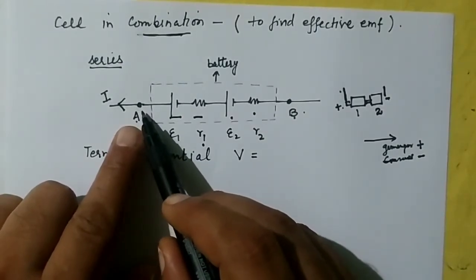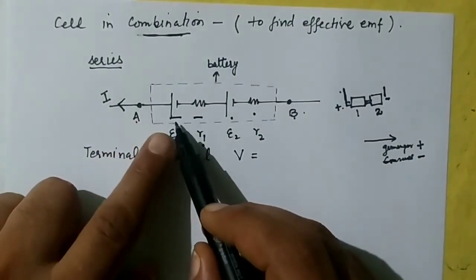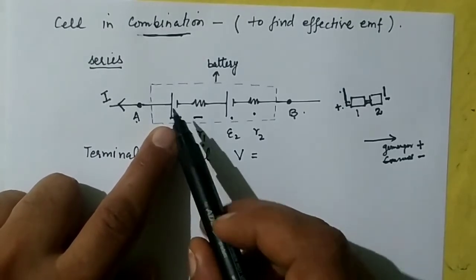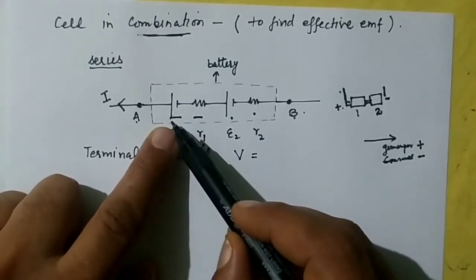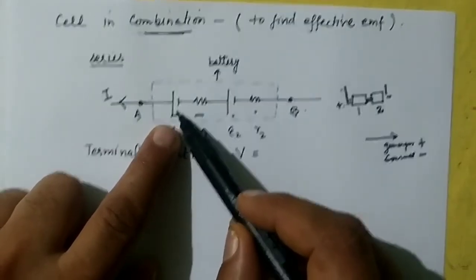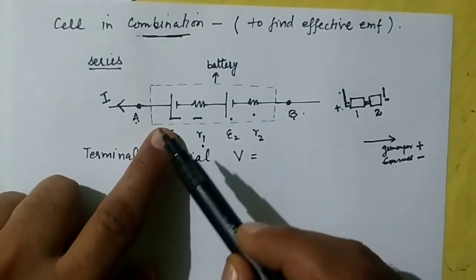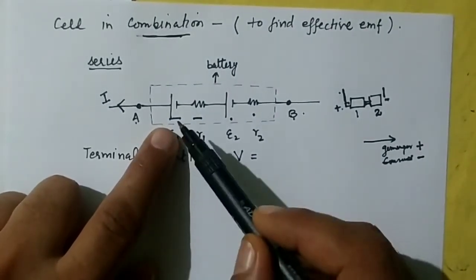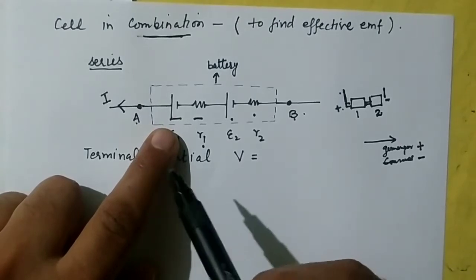Now let us start from A. As we move, this is your cell, and in this cell the direction of current is determined by this cell. So there is a generation. It provides the potential to the external circuit, so it generates potential in the circuit.